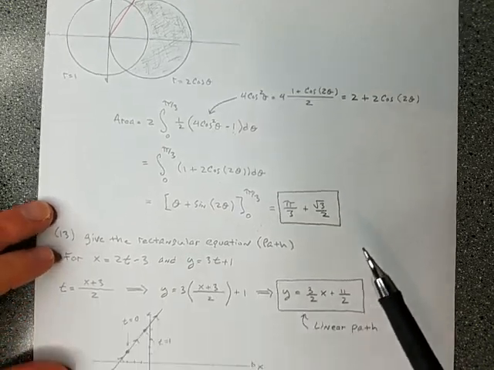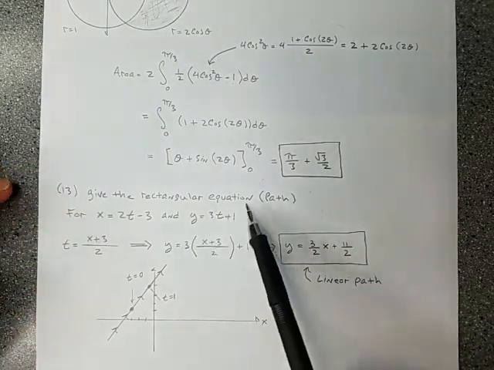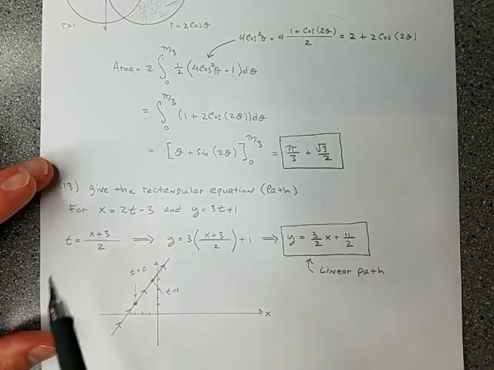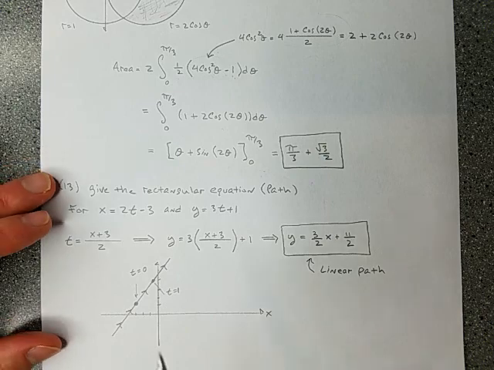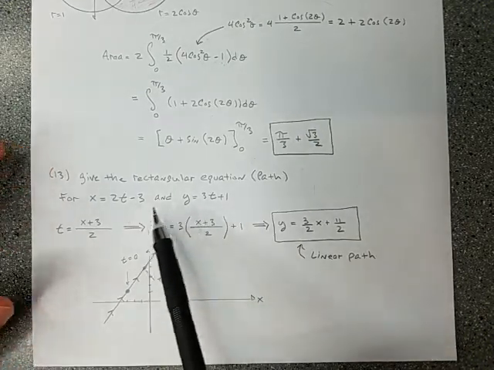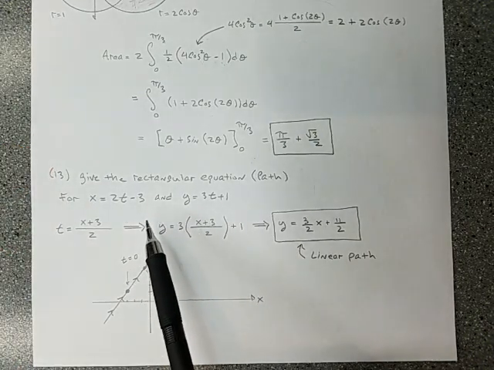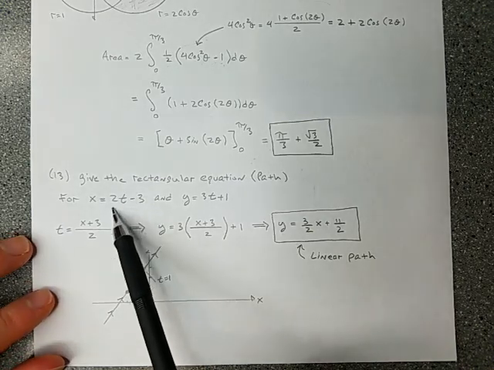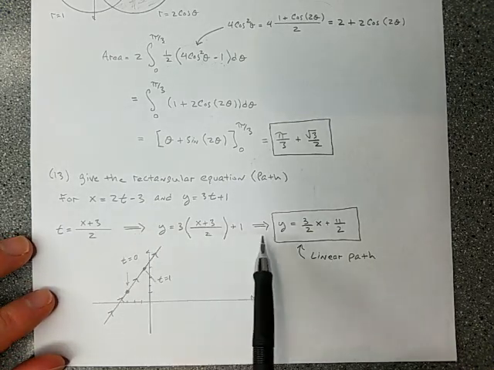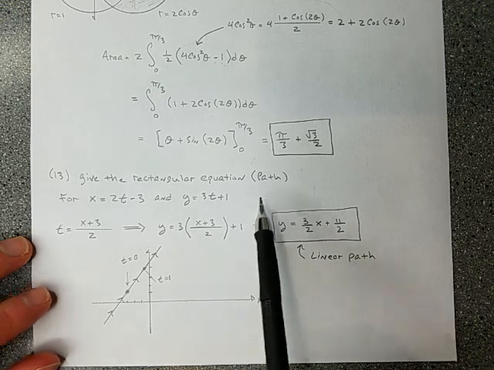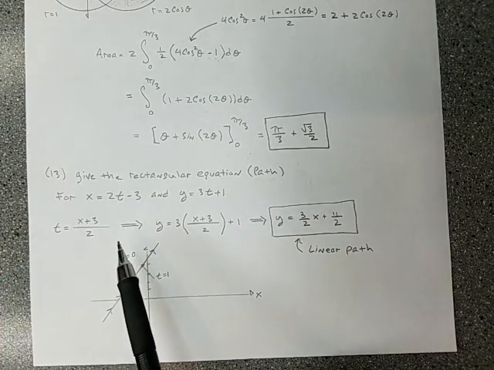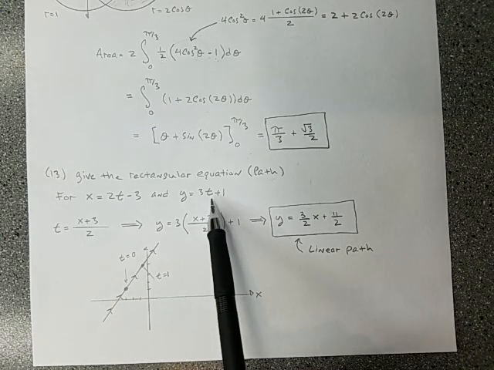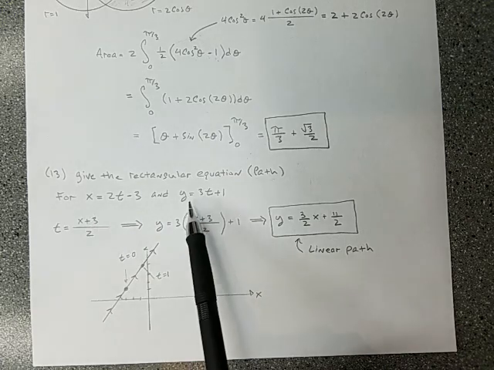All right, 13. Give the rectangular equation, otherwise known as the path, for x is 2t minus 3 and y is 3t plus 1. Well, with these being algebraic, there's no sine and cosine or anything like that. All we do is solve one for t and put into the other. That will eliminate t. The path gives no information about t, because you could think of parametric equations as giving information about time and place. T is time, x and y is place.